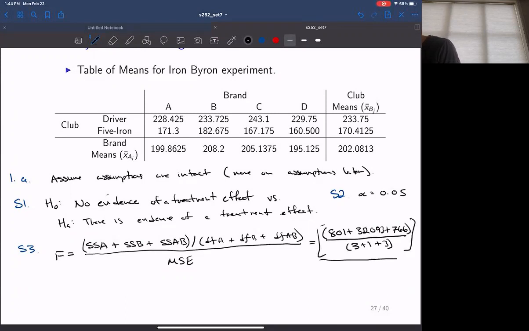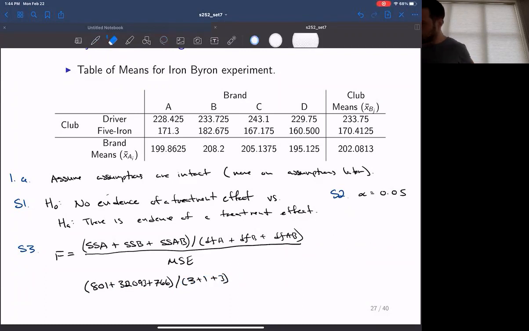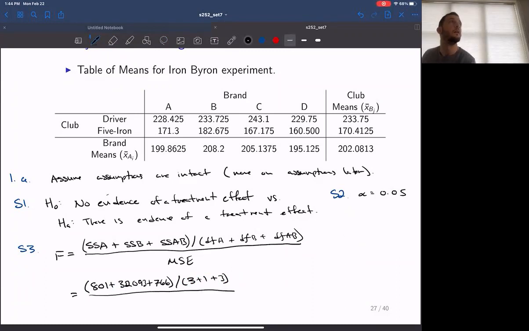And this whole thing, actually, I'm just going to move this down, is going to be divided by the MSE, which was 34.